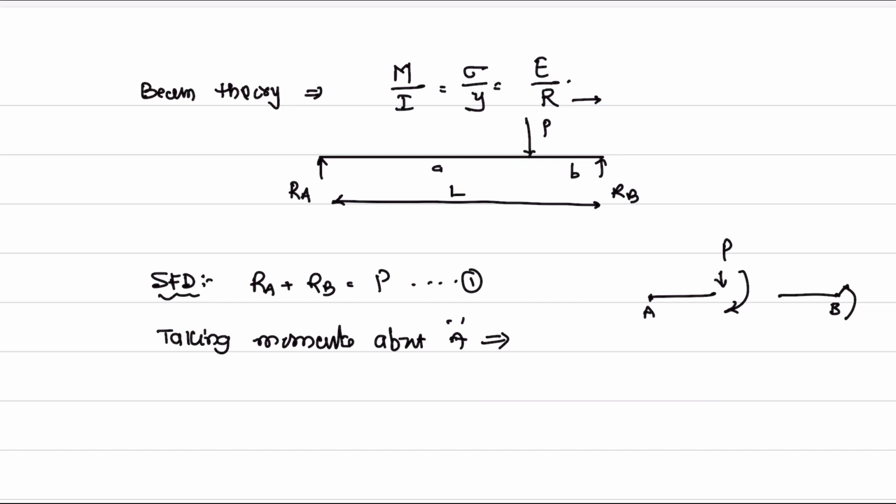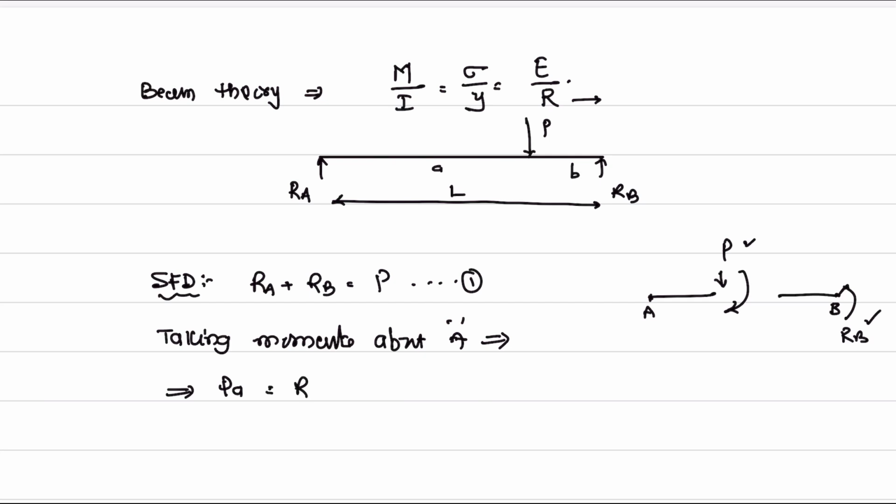What is the anti-clockwise movement? P into A, that is the anti-clockwise movement because of P. And what is the clockwise movement? This is caused by RB.